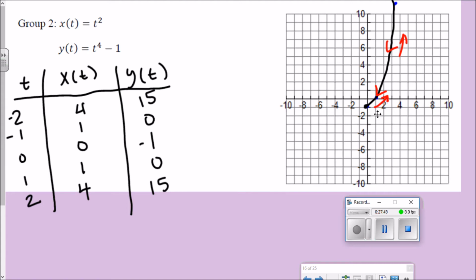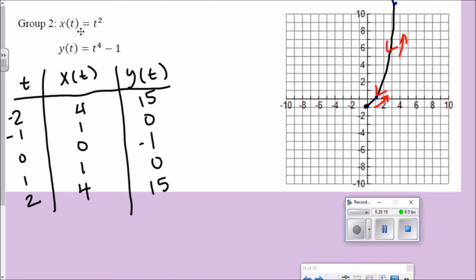And so again, this is the situation where both of these functions have infinite domains. So why doesn't this have an infinite domain? Well, what's happening? X squared is equal to t squared. This function t squared has a restricted range, okay? Which means x of t has a restricted range, okay?